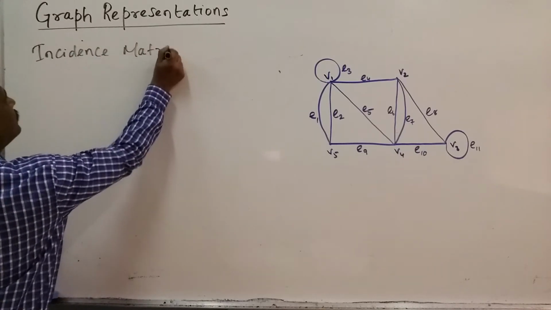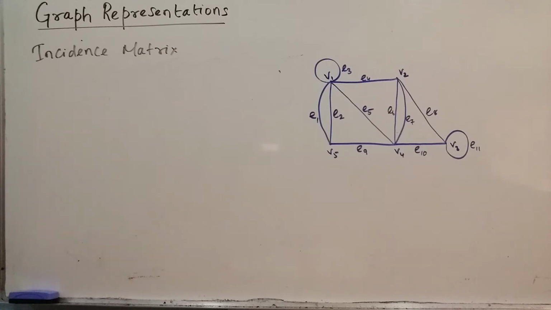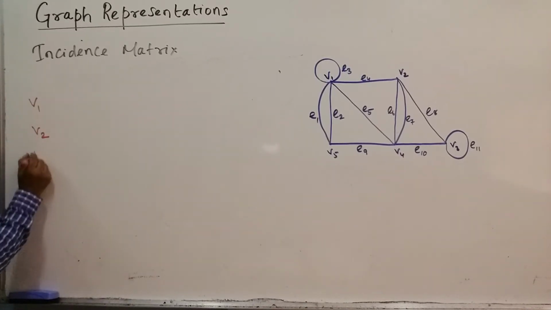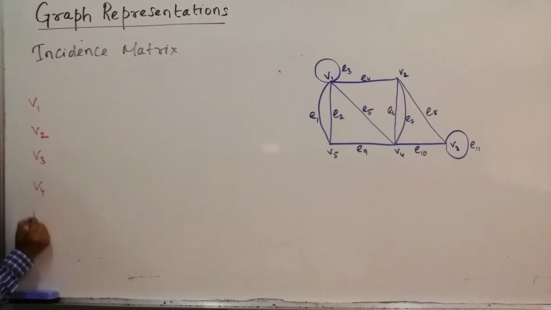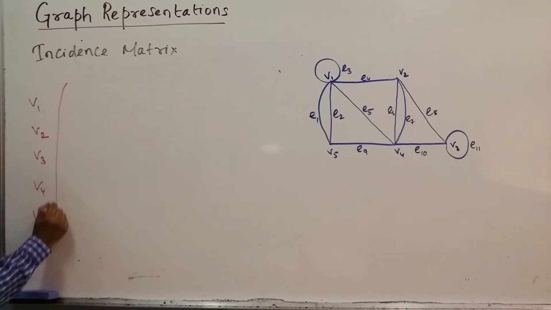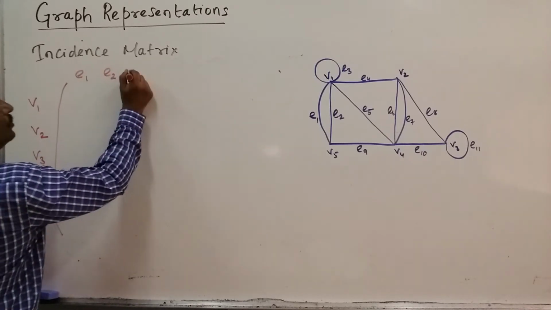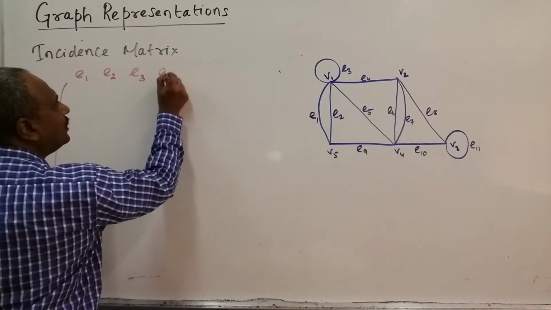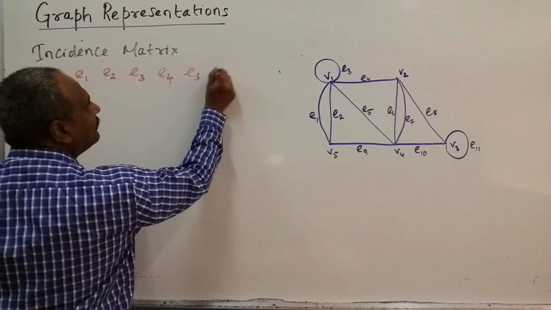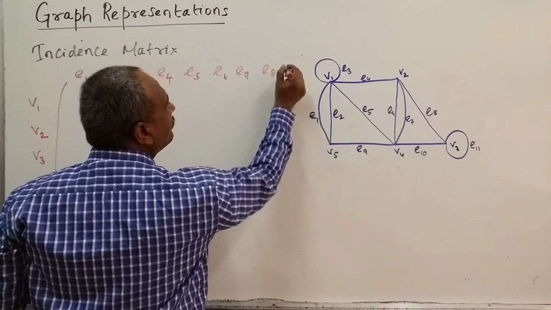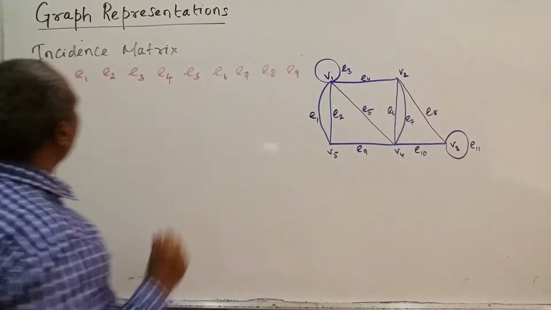For the incident matrix, we are going to consider the vertices V1, V2, V3, V4, V5, and I am going to take the edges E1, E2, E3, E4, E5, E6, E7, E8, E9, E10 and E11.